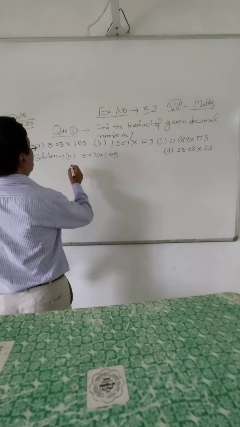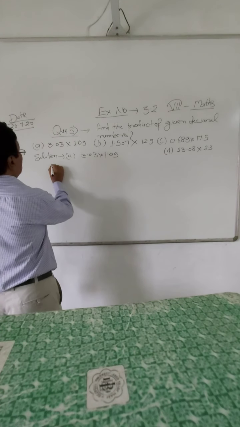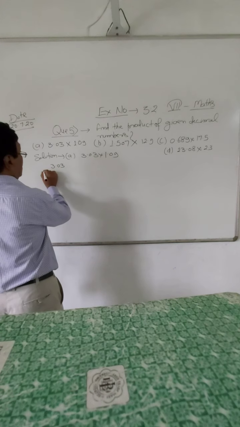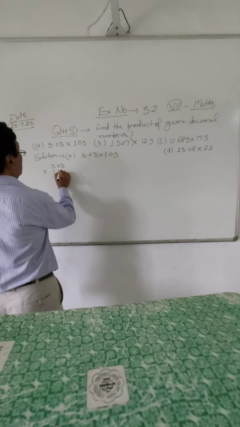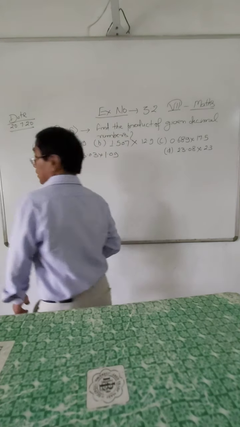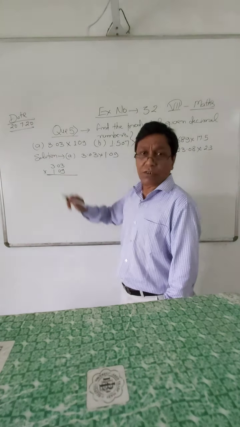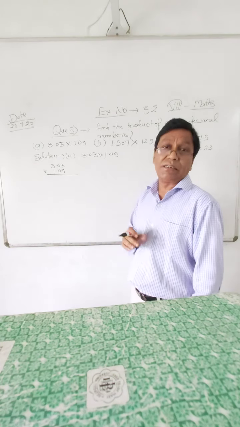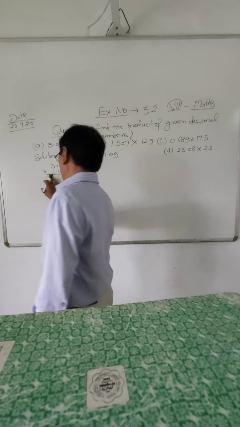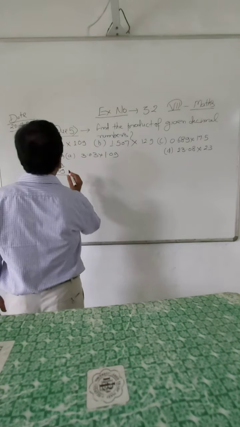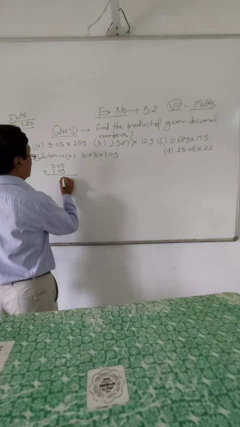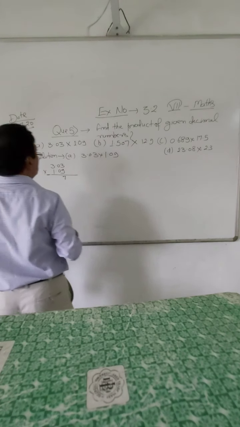First do the simple way, 3.03 multiplied by 1.09. From the 9 you multiply, 0 you multiply, and 1 you multiply without considering the decimal places. When you are multiplying 9 into 3, it will come 27. Put the 7 here, and 2 is carry.